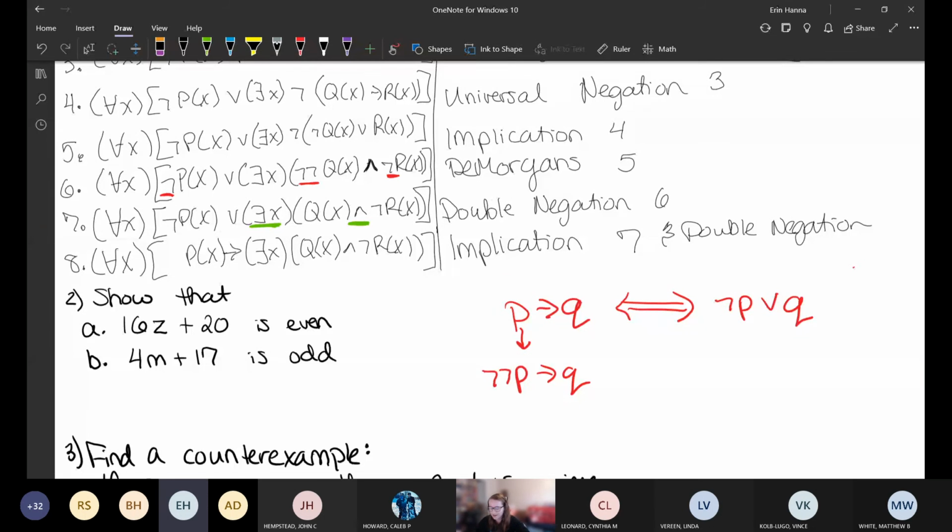Either or. You could use the implication rule by itself and not really need to call upon double negation. But if you didn't recognize that right off the bat and brought in the negation, you're technically not wrong.